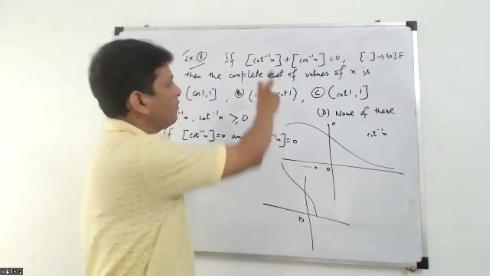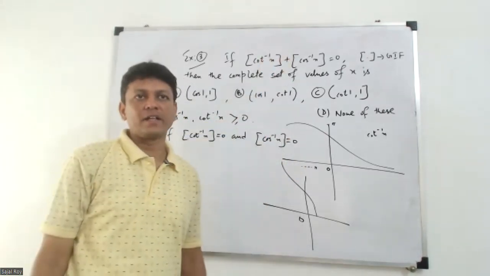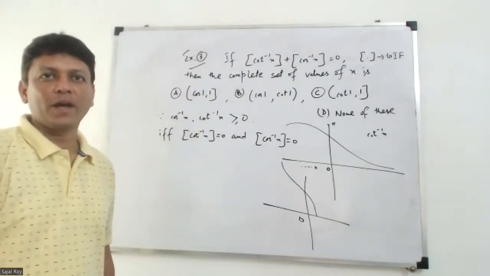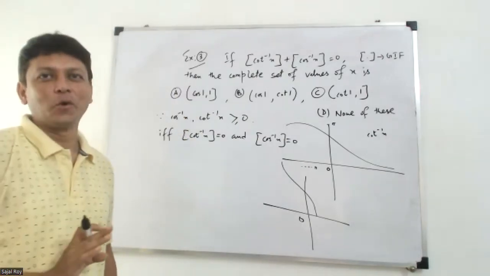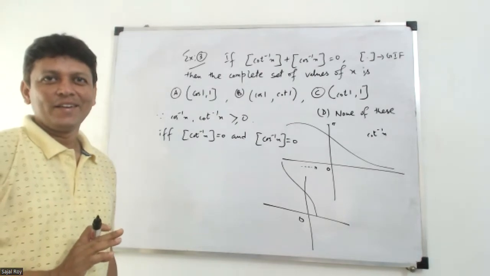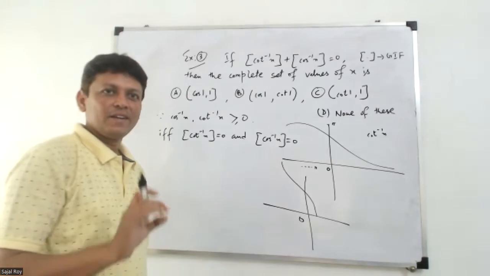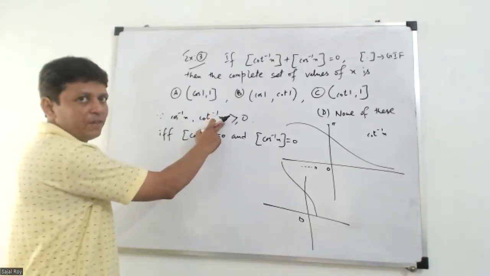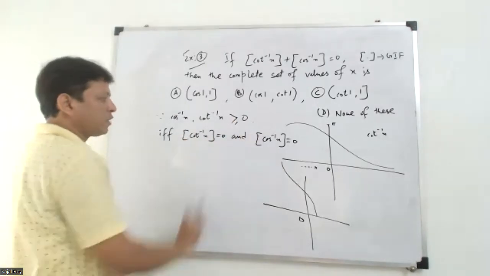No other positive values will satisfy this equation. Only possibility is 0. Okay, that is why, because already this is positive or 0, so the only possibility is 0.